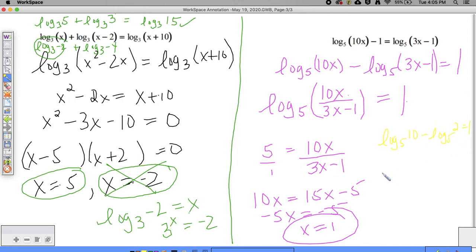That becomes log base 5 of 10 divided by 2 equals 1. So log base 5 of 5 does in fact equal 1, because 5 to the first power is 5. And if you remember, that's a pretty little log property that I showed you the other day.